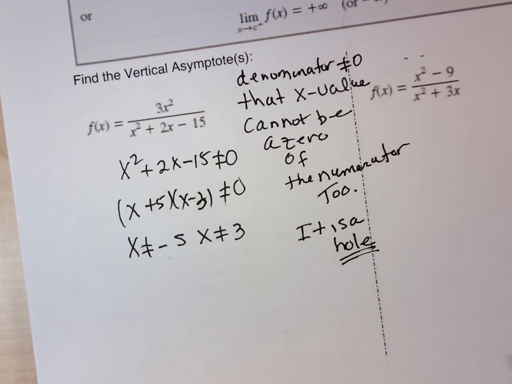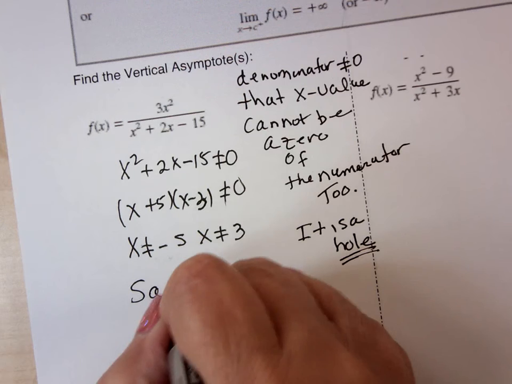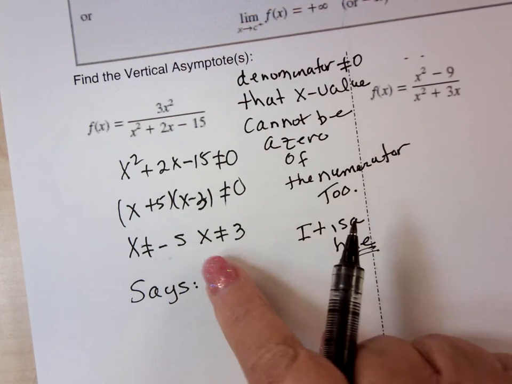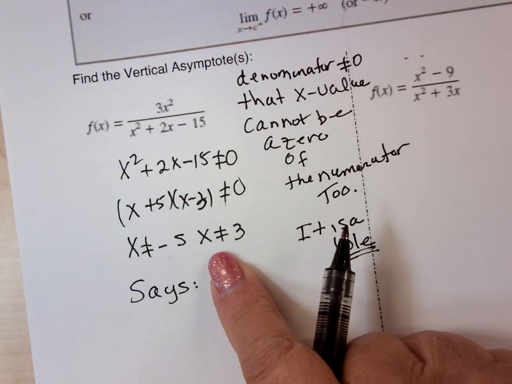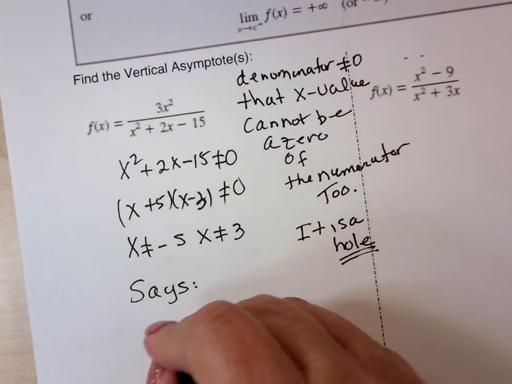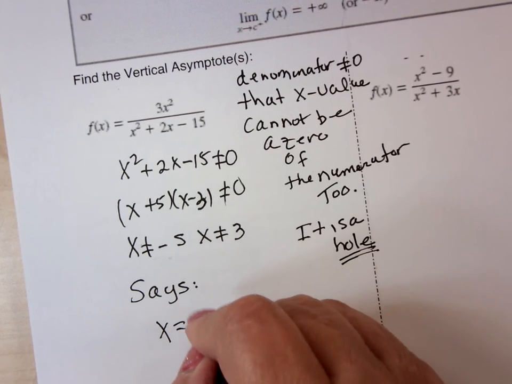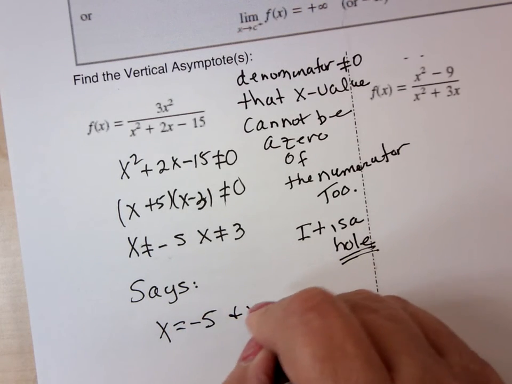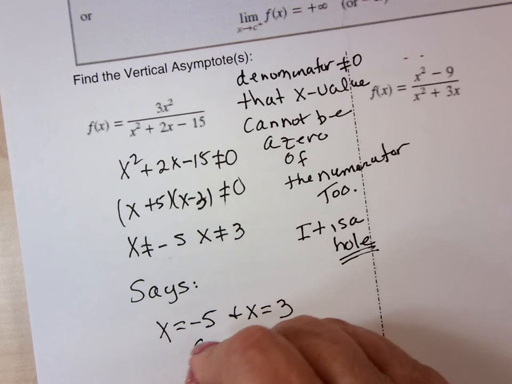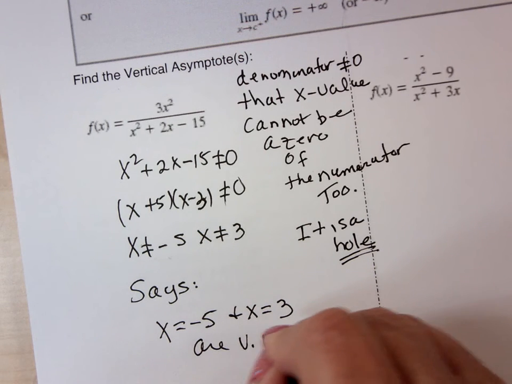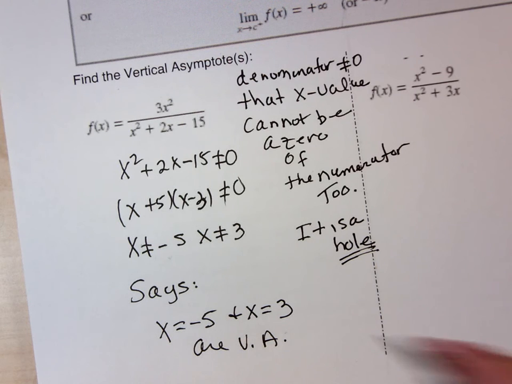Well, this says, since neither of these are zeros of the numerator, that x equals negative 5 and x equals positive 3 are vertical asymptotes. As long as it's not a 0 of the numerator, it's a vertical asymptote.